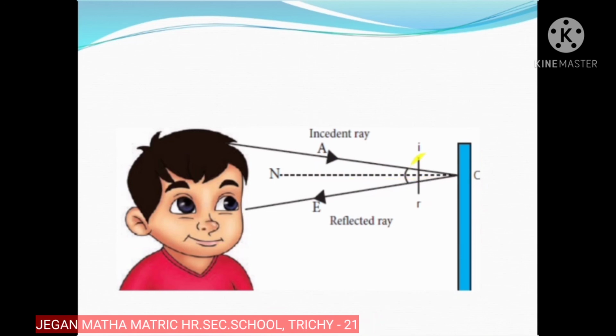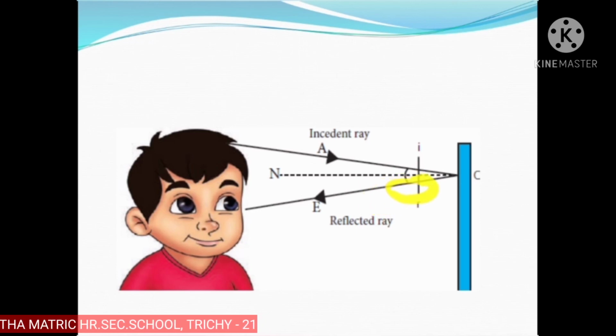So this angle is known as angle of incidence, and the reflected ray makes an angle of reflection R with the normal. So this is known as angle of reflection. So incident ray, reflected ray, and this is normal. Then this is angle of incidence and this is angle of reflection.